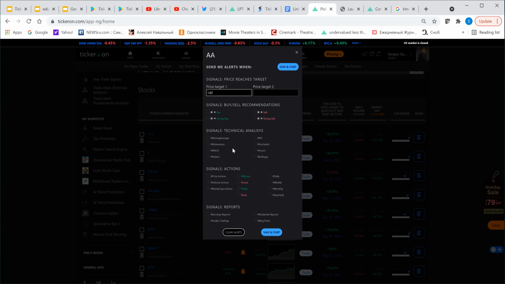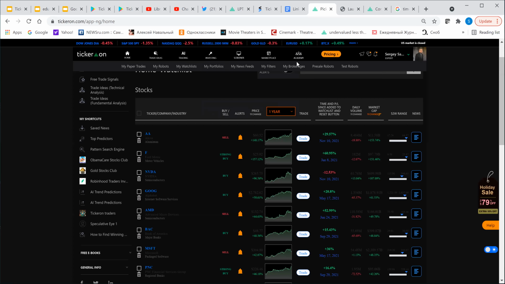So then, if you're interested in getting signal about moving averages, you click here. If you want to get a signal about RSI, it's here. Then let's assume you're interested in some particular price actions, daily price actions. You click and then you save, and now you're going to be receiving all these notifications either in your mobile app or on a screen.